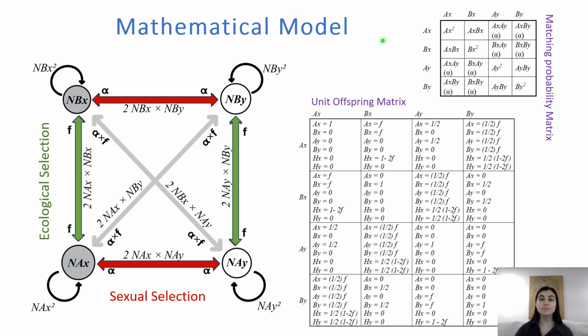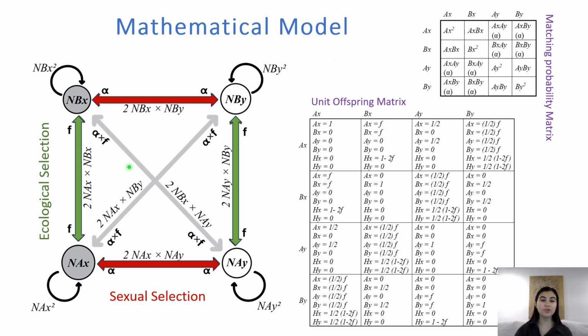This process is mostly governed by ecological selection, shown with the green arrows, and sexual selection, shown by the red arrows. Both the ecological and sexual selection forces are complementary. A small ecological selection can be compensated by a larger sexual selection, and vice versa.